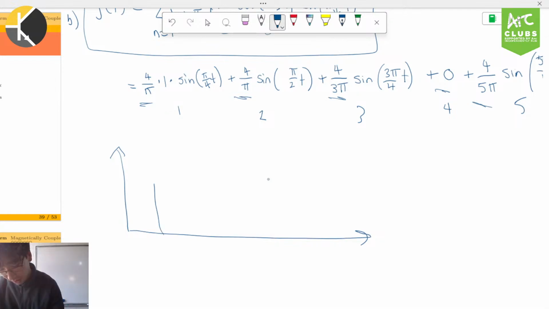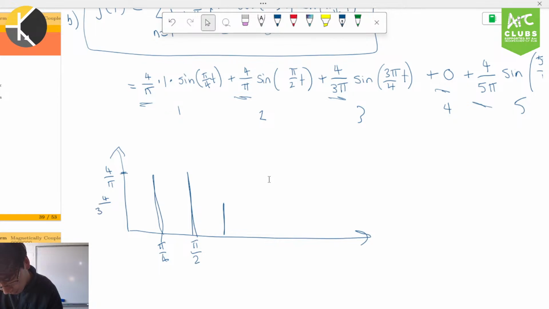So we have a peak here at pi on 4, an equivalent peak at pi on 2, a peak at 3 pi on 4, nothing at the fourth harmonic, and then we have a final peak at 5 pi on 4.